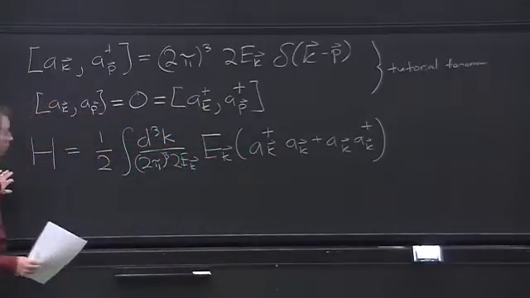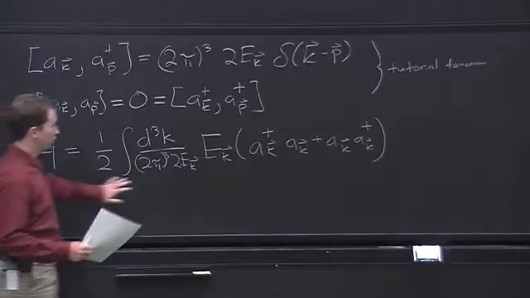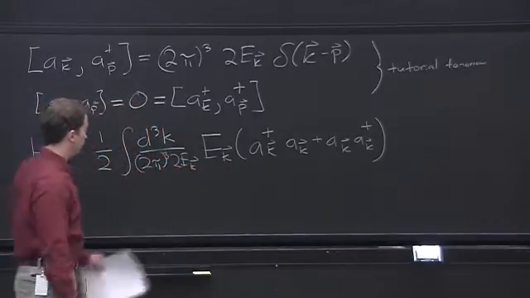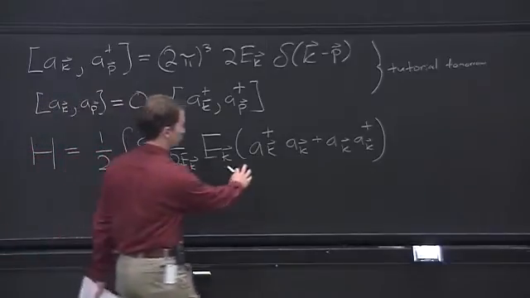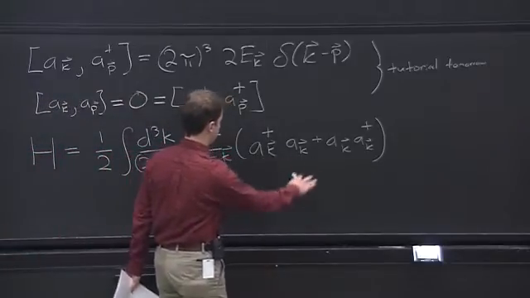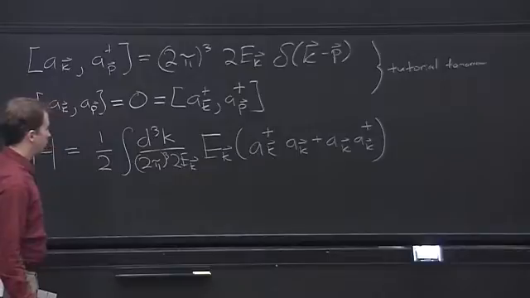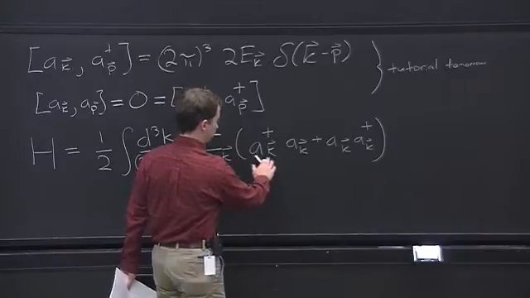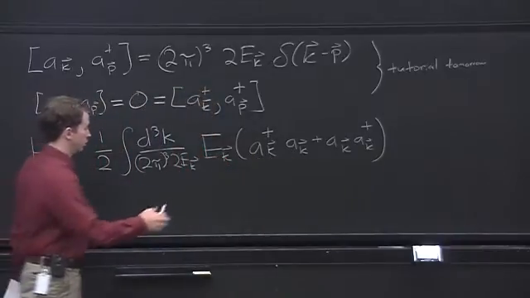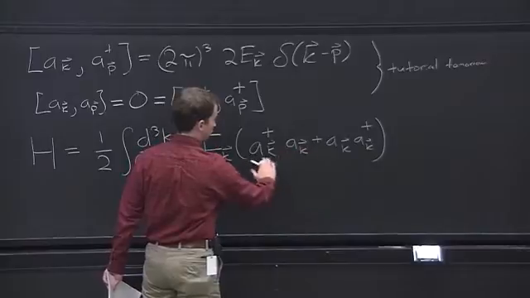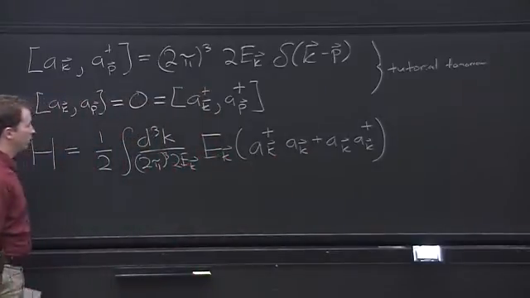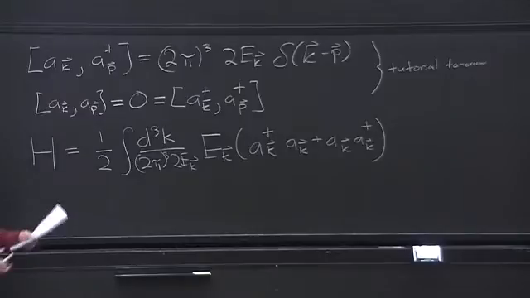So what we have here is basically infinitely many decoupled harmonic oscillators, because there are no terms in our Hamiltonian that mix together states with different values of k. So this Hamiltonian is diagonal in k.